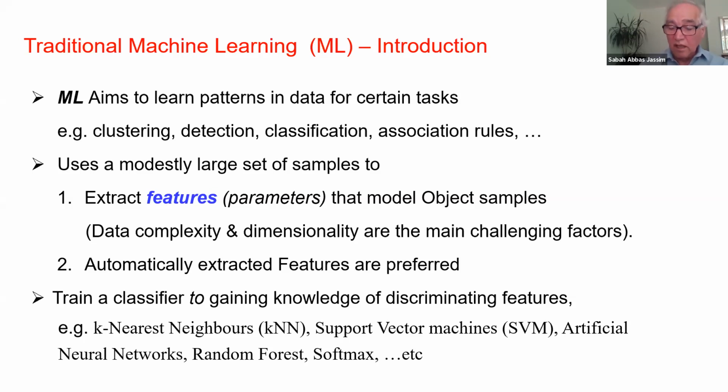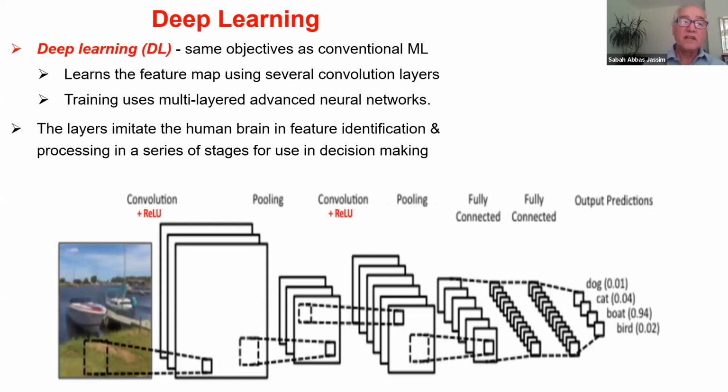Deep learning, on the other hand, has the same objectives as conventional machine learning, but it learns a kind of ultimate feature map using several convolutional layers. And then the training uses multi-layered, also advanced neural networks, the fully connected ones.